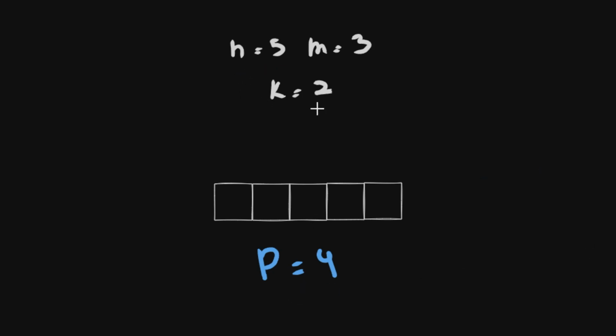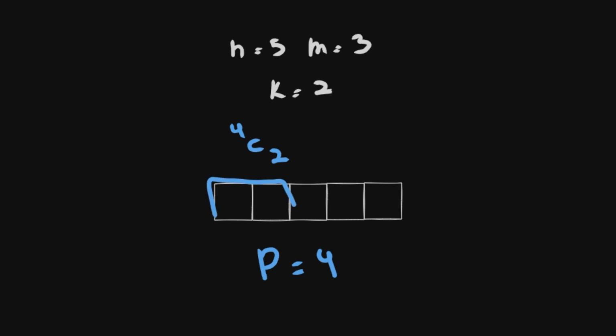And now we know k is 2. So we can find 2 valid pairs in these 4 pairs. So remember, we can do 4C2. And this is how I think about this visually. We know we have 4 possible pairs here, and we are trying to find every combination of 2.